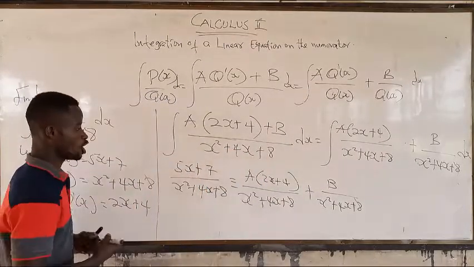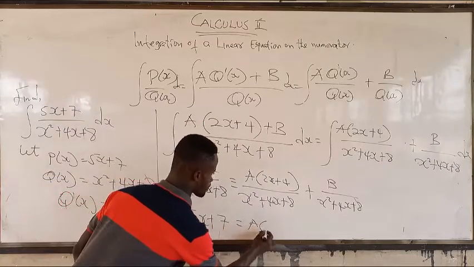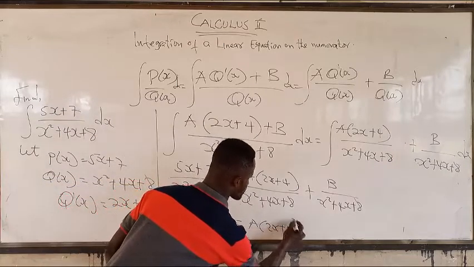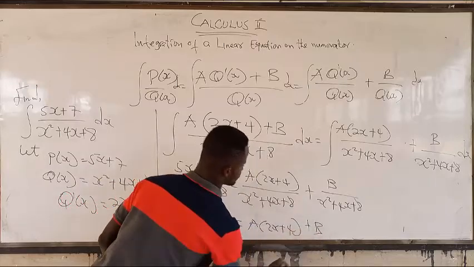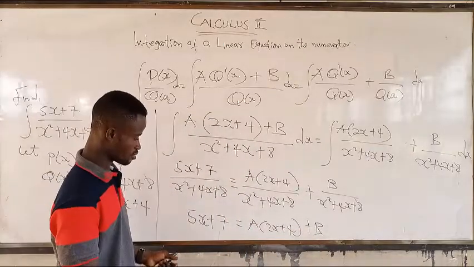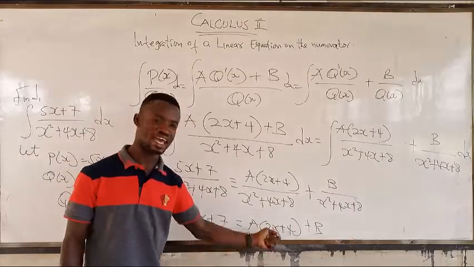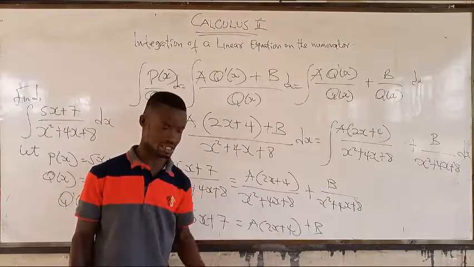Therefore, we can equate the numerators. Very good. So that we can now go and find our A and our B.